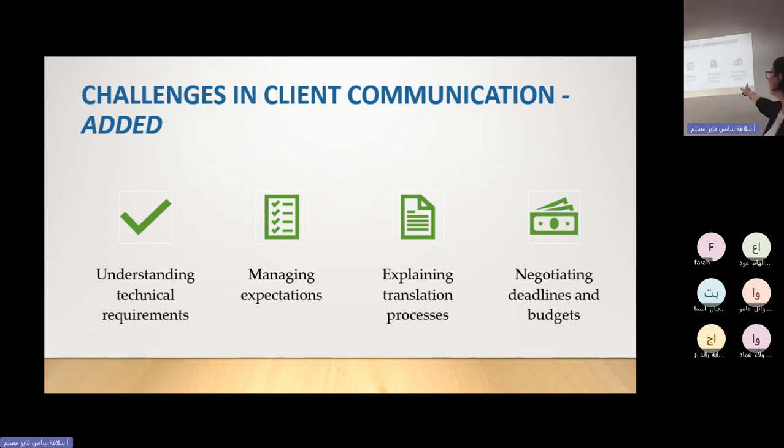Negotiating deadline and budget is important because if I tell the client that I will submit the translation in a month at this specific time, I need to submit it in a month at this specific time, or else the client will start saying bad things about me. Okay? The same goes for the budget.